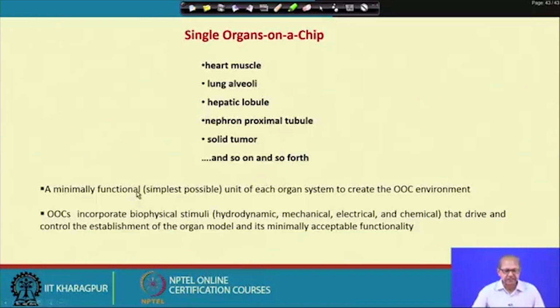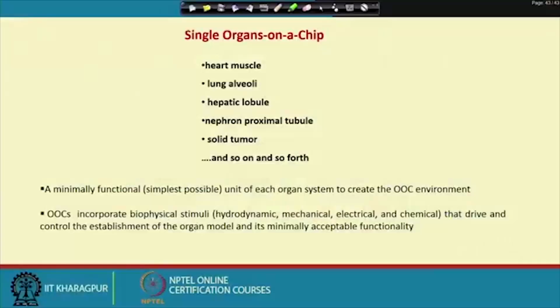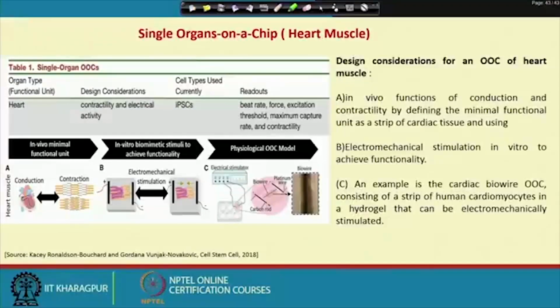This requires a minimal functional, simplest possible unit of each organ system to create the organ on chip environment, the so called microenvironment, and incorporation of biophysical stimuli like hydrodynamic, mechanical, electrical and chemical, that drive and control the establishment of the organ model and its minimally acceptable physiological functionality. We shall be discussing some of those models, first coming to heart muscle for organ on chip development.